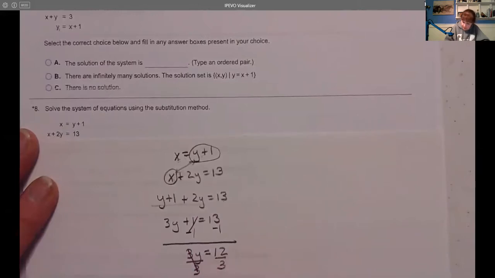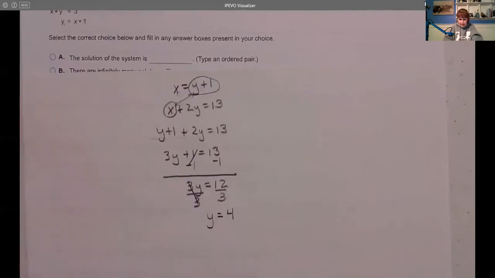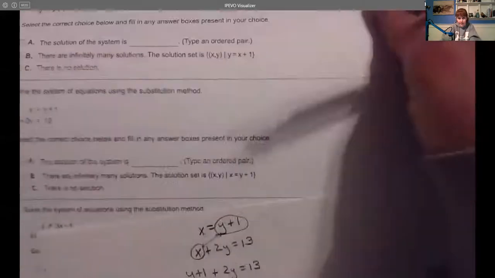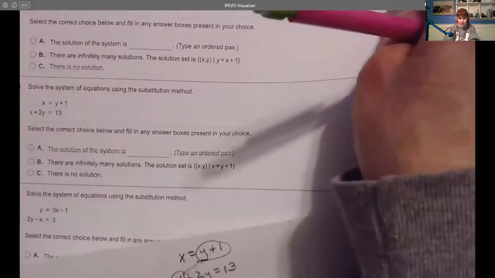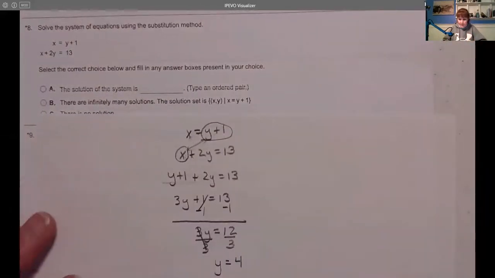Y equals 4. Let me move that up a little bit, sorry. So the y is equal to 4 in this one. I want to make sure I have the question on here. There. Y is equal to 4.